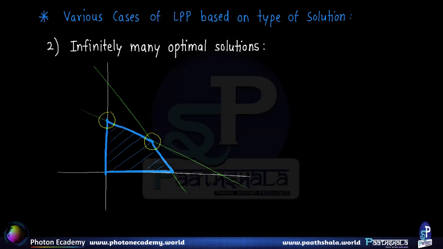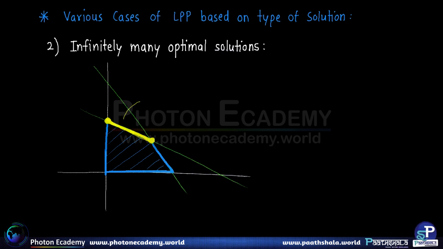Now it may happen that not one but two corner points give us the same maximum value of the objective function. So what it means is, all the points that lie on that particular edge joining those two vertices represent the optimal solution.